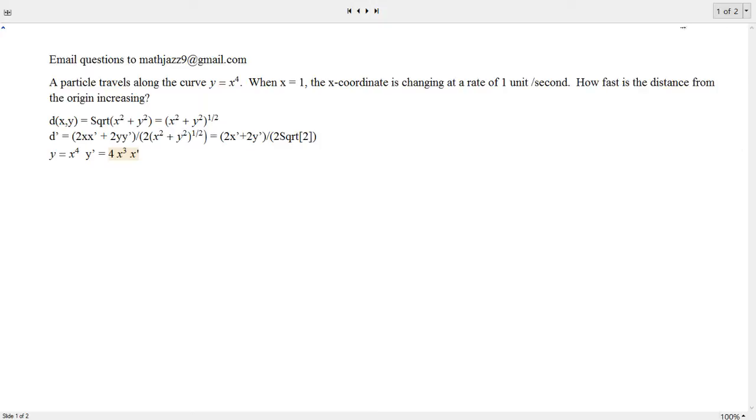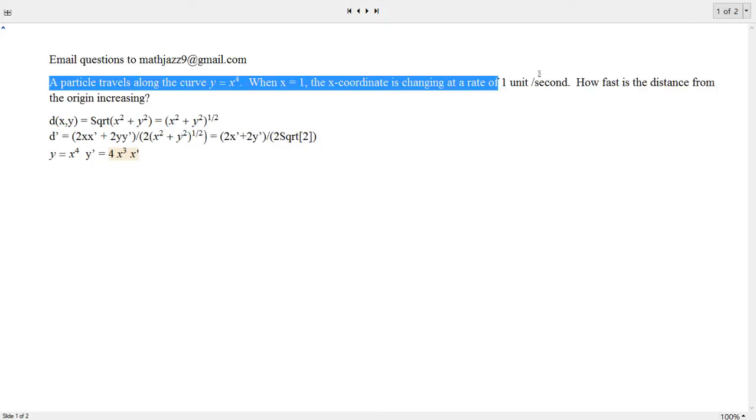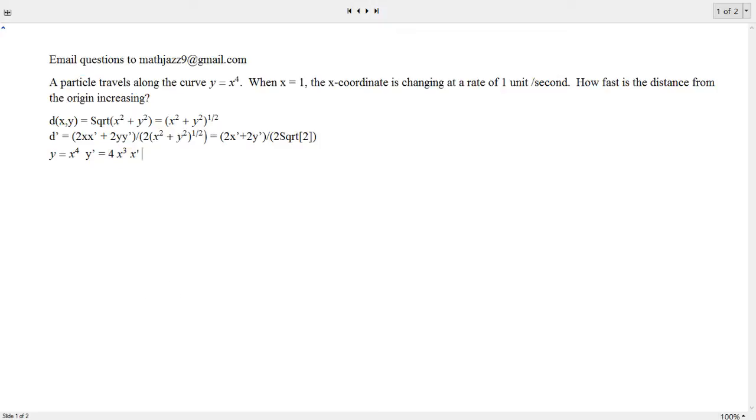And since we know that x is 1 at the moment that we care about, we know then that y prime is equal to 4 times 1 cubed times x prime.